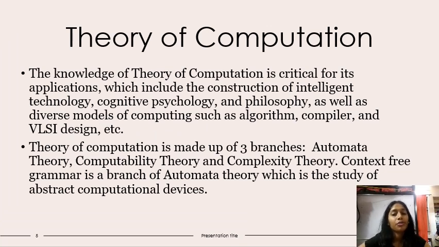The knowledge of theory of computation is critical for its applications, which include the construction of intelligent technology, cognitive physiology and philosophy, as well as diverse models of computing such as algorithm, compiler, and VLSI design, etc. Theory of computation is made up of three branches: automata theory, computability theory, and complexity theory. Context-free grammar is a branch of automata theory, which is the study of abstract computational devices.